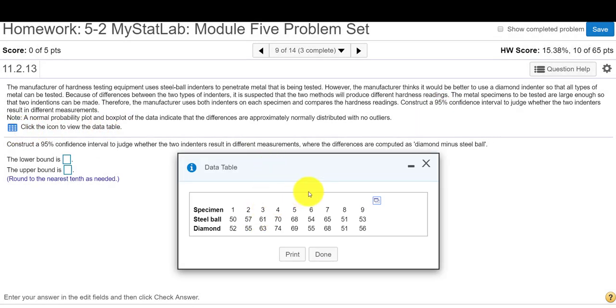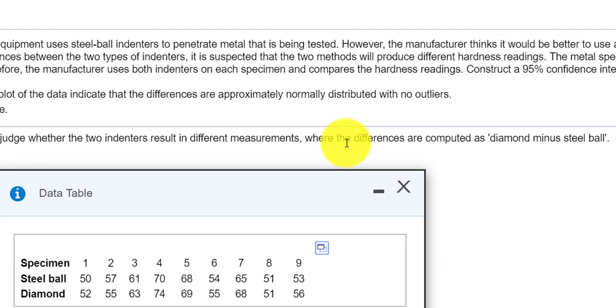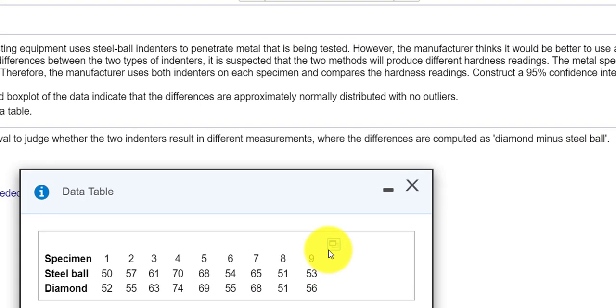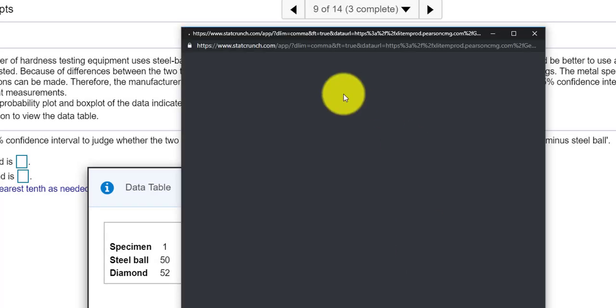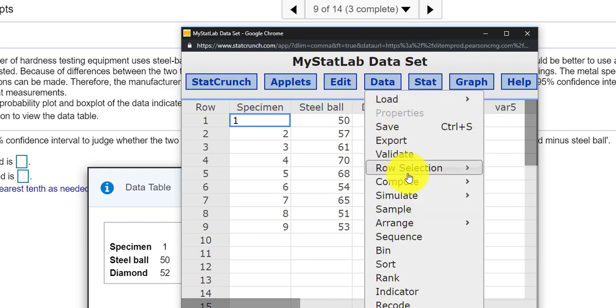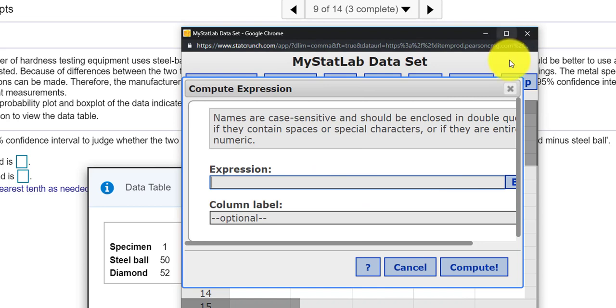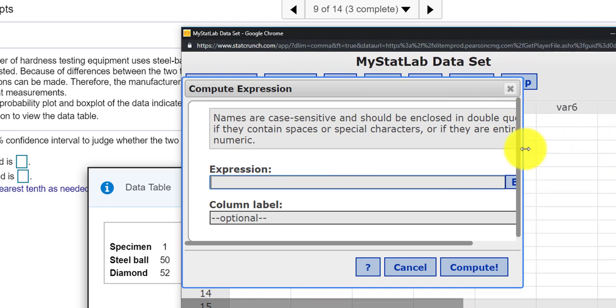We click the table. Here's our data. Now you have to be careful here. I made a mistake a few times. Notice it says the differences are diamond minus steel. So when I open this up in StatCrunch, we have to make sure we do diamond minus steel. Diamond is the second column. So I press data, compute, expression, and let's expand this a little bit.